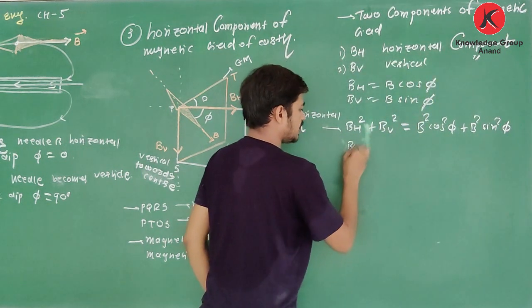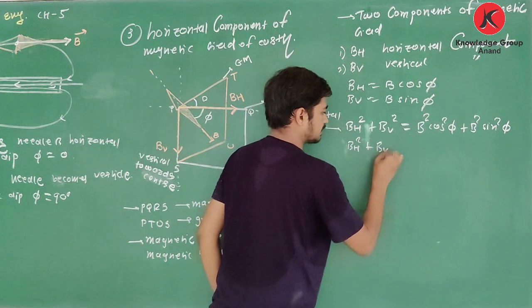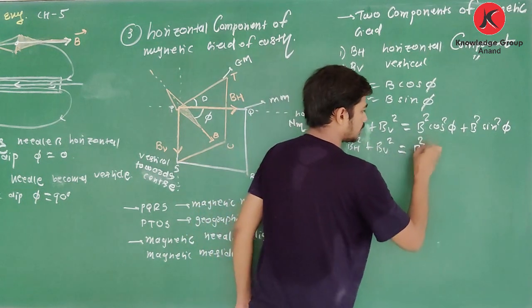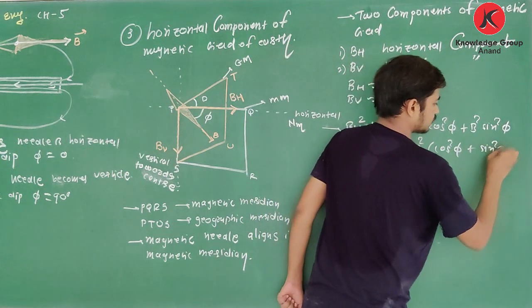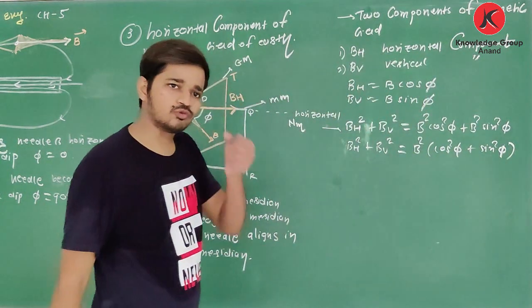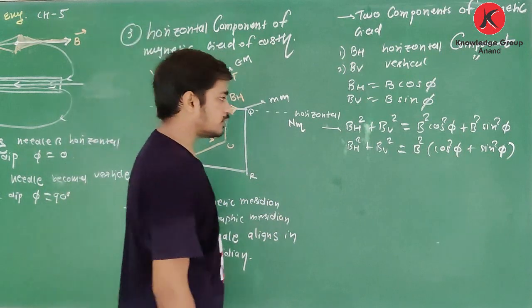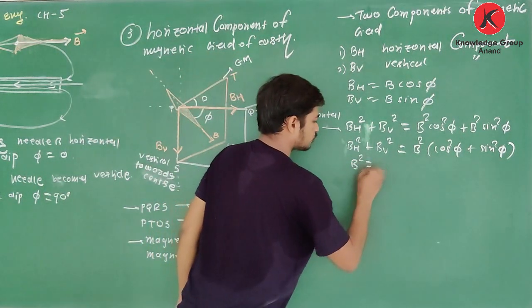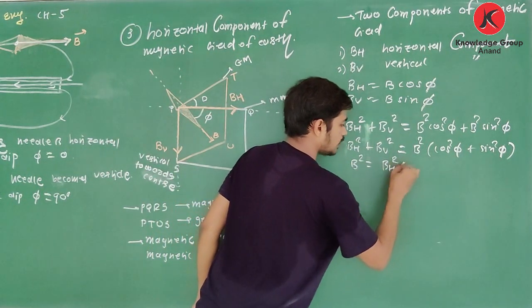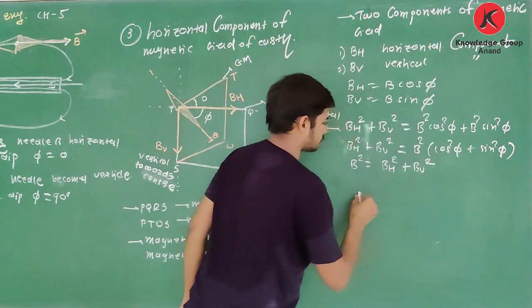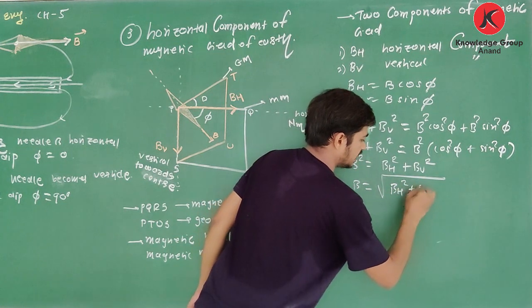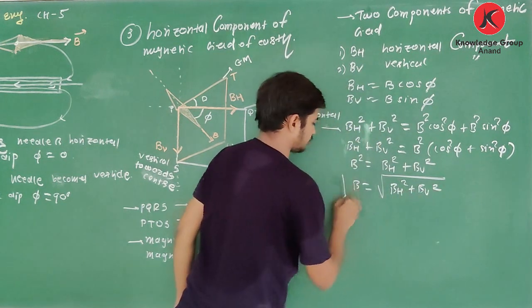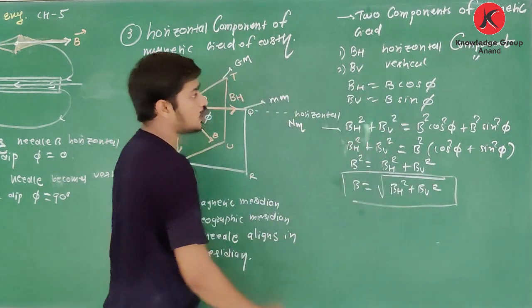Taking B square common, here it is cos square phi plus sin square phi. Cos square theta plus sin square theta is equal to 1, so cos square phi plus sin square phi is also 1. So yes, B square is equal to BH square plus BV square. So B is equal to the square root of BH square plus BV square. You have to remember this equation.